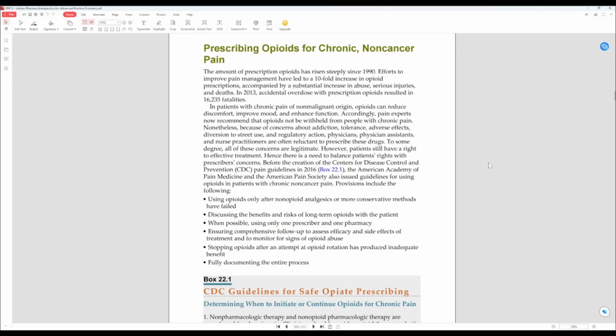Before the creation of the CDC pain guideline in 2016, the American Academy of Pain Management and the American Pain Society issued guidelines for using opioids for a patient that has chronic non-cancer pain.